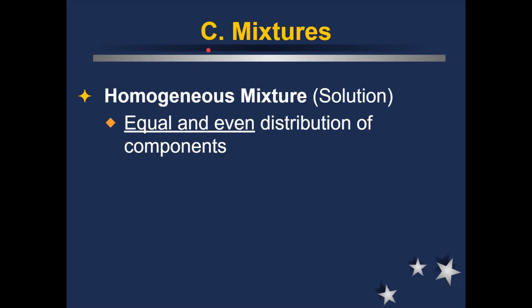The reason I mentioned that you might be able to tell from the name is homo is a Latin prefix that means the same or equal. So homogeneous mixture is equal and even distribution of all of our different particles.